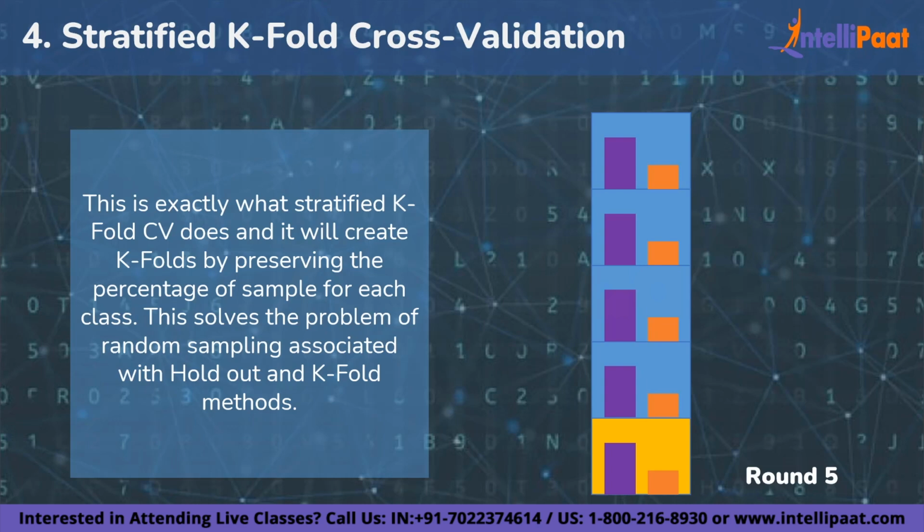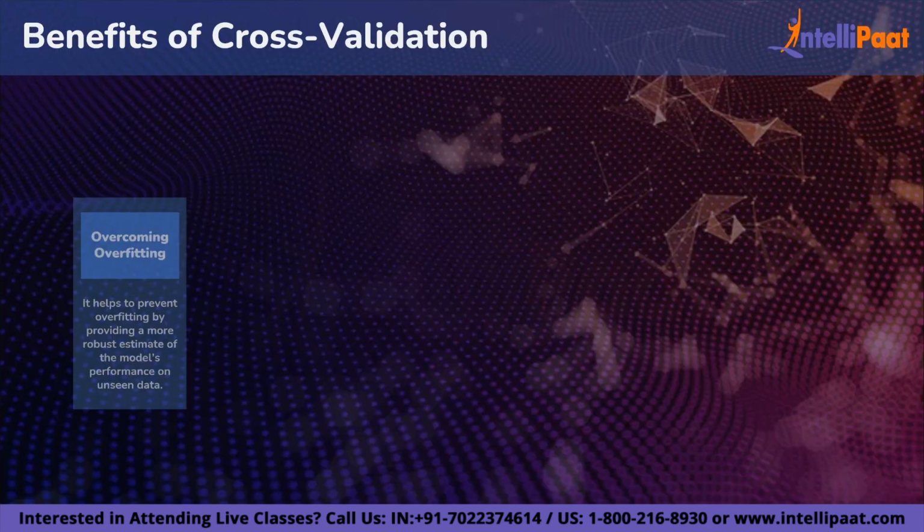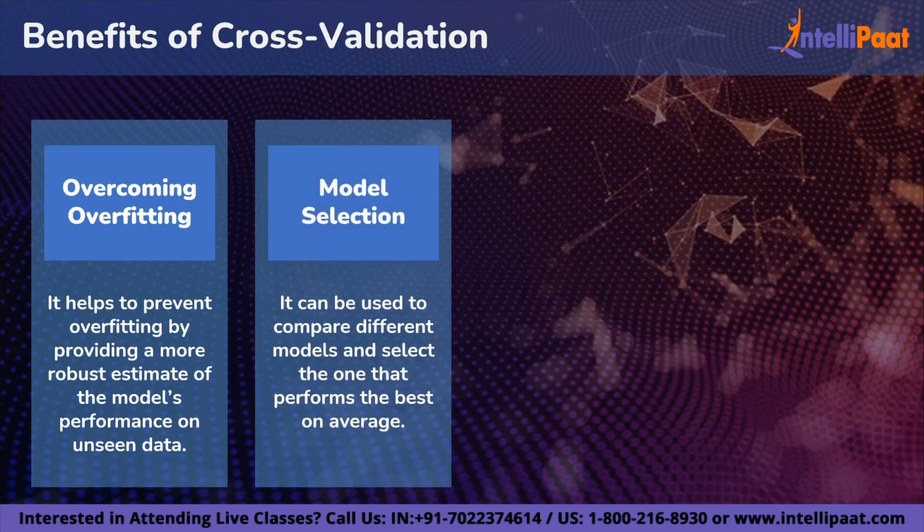Now let us see the benefits of cross-validation. The first one is overcoming overfitting. Cross-validation helps us to prevent overfitting by providing a more robust estimate of the model's performance on unseen data. The second one is model selection.